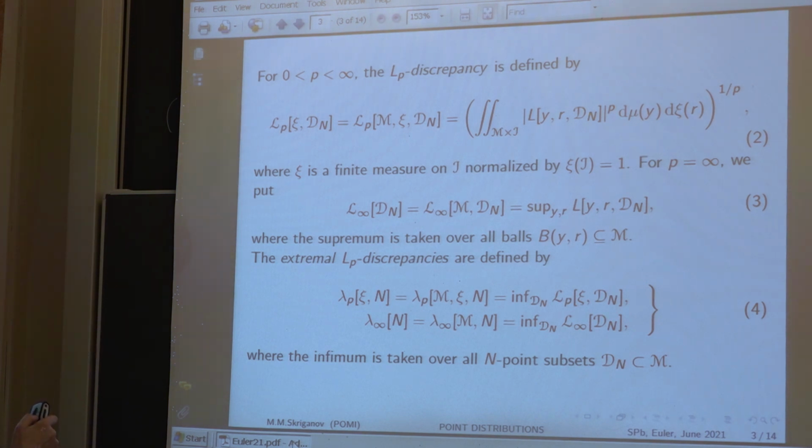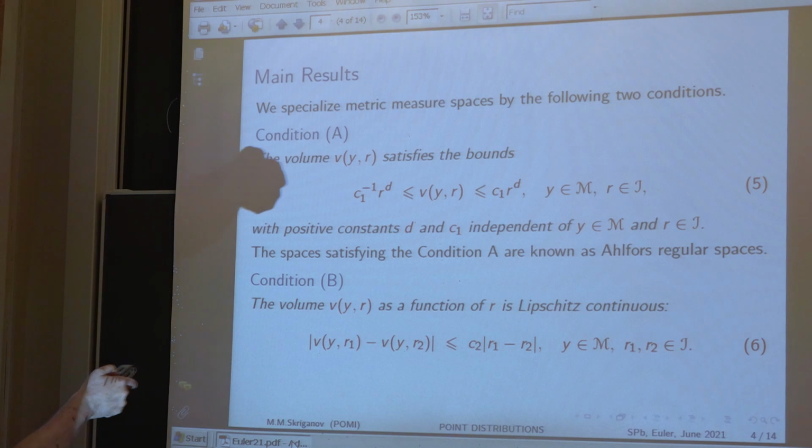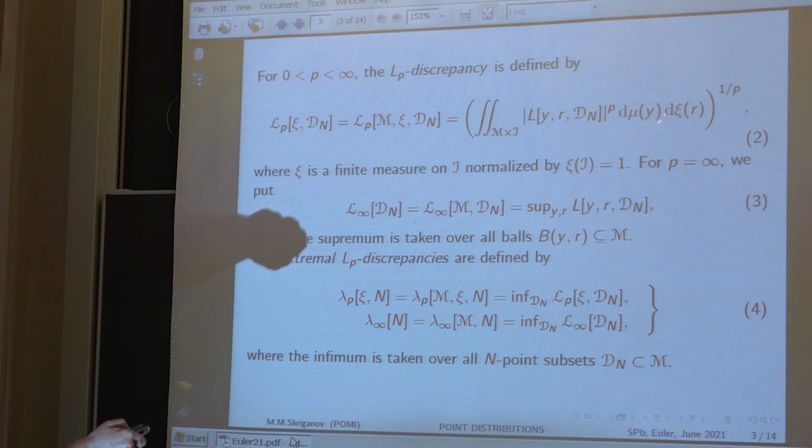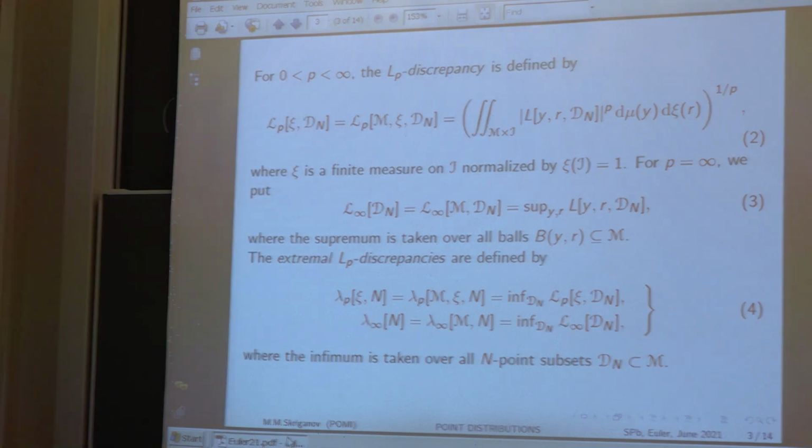So the measure on the space is the standard measure given originally, and psi is some other measure, finite and normalized, on the set of all radii.